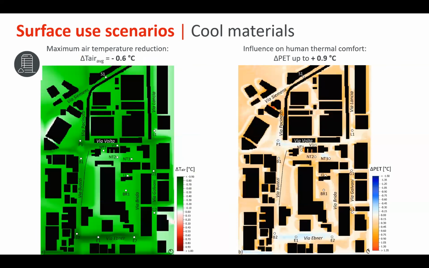And you can see that the air temperature reduction was higher, but we have analyzed a worsening actually of human thermal comfort due to the increased reflected radiation connected to the use of cool materials, so materials with a higher albedo.